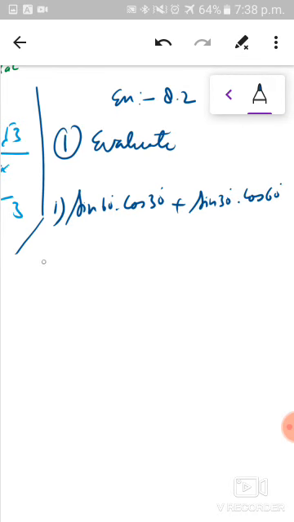As we know, the value of sin 60 degree is root 3 by 2, multiply cos 30, that is also root 3 by 2, plus sin 30 is 1 by 2, cos 60 is also 1 by 2. Now we will take LCM and go further.